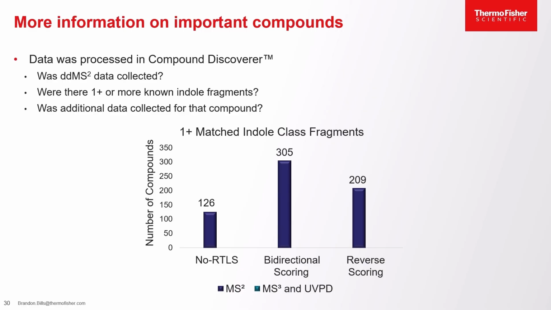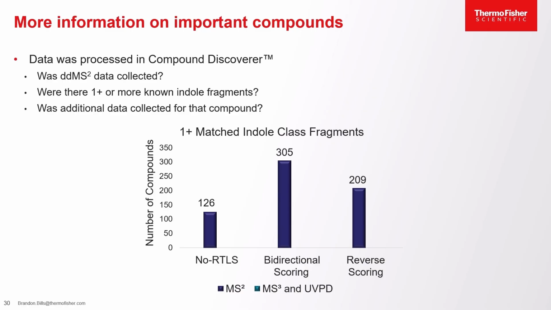And we can see that with bidirectional scoring, we have the most number of compounds that we have MS2 collected on that are potentially indole. The reason for that, though, is we already know the instrument may miss similar compounds if they have additional experimental fragments. And that's what we see when we add the next bars.